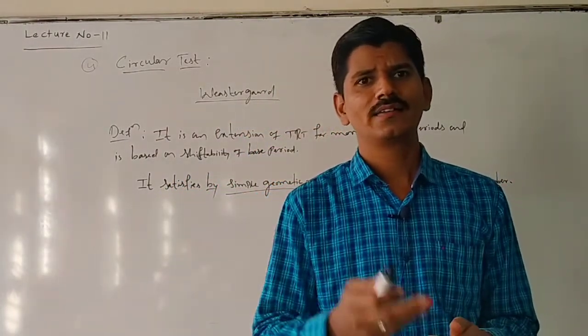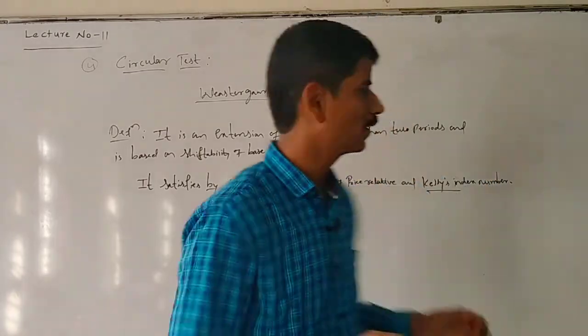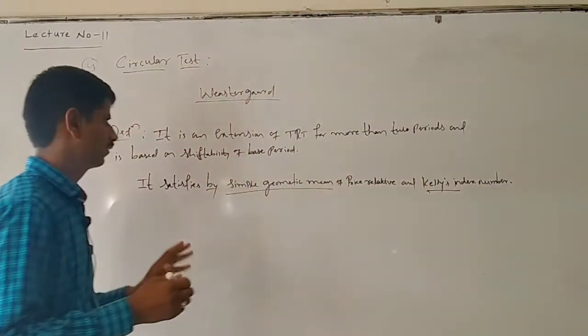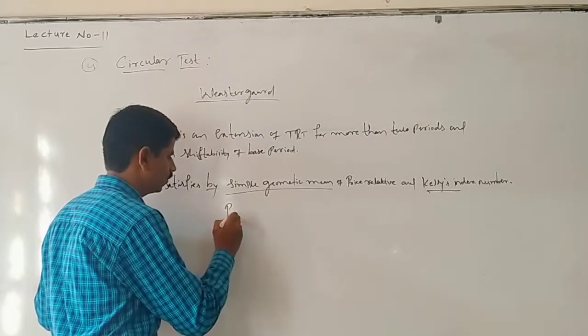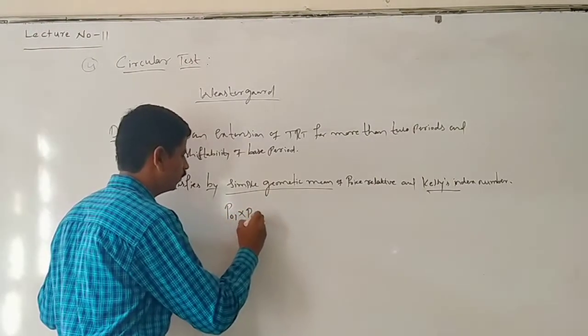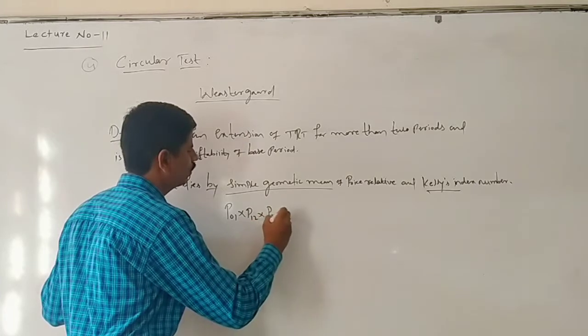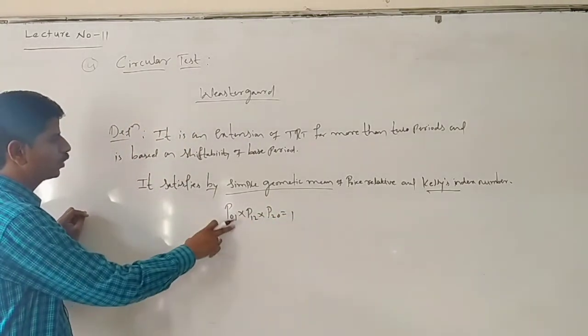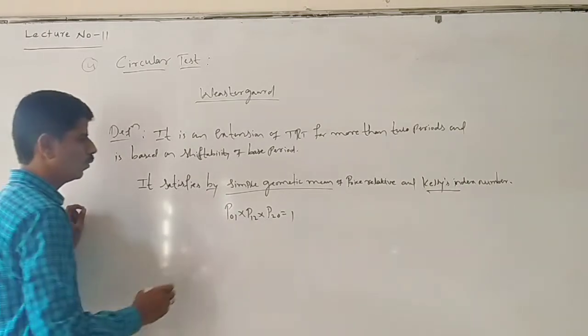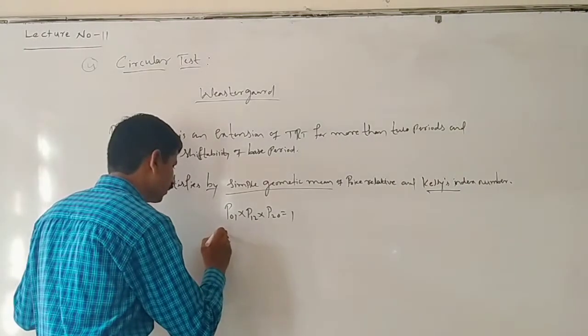Show that Kelly's price index number satisfies the circular test. See here, what is the condition? P01 into P12 into P20 equal to 1 for 3 periods. Let us solve.